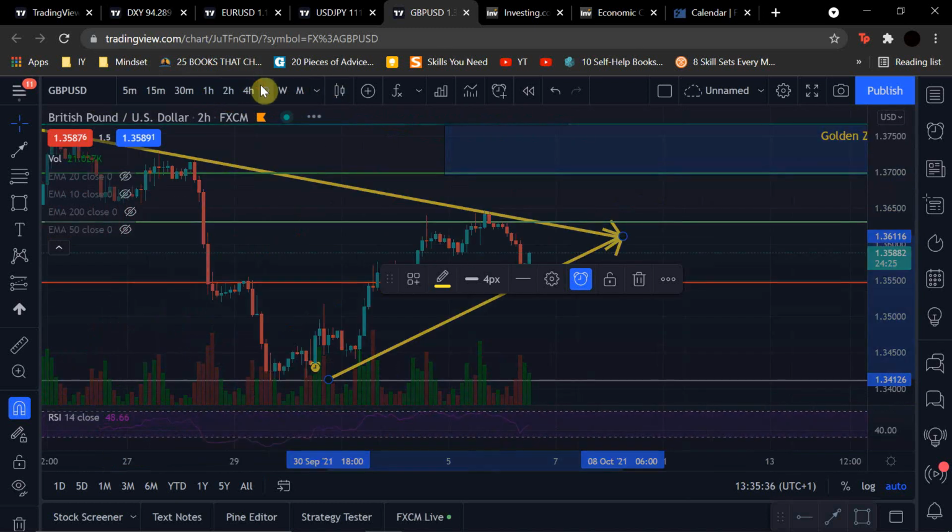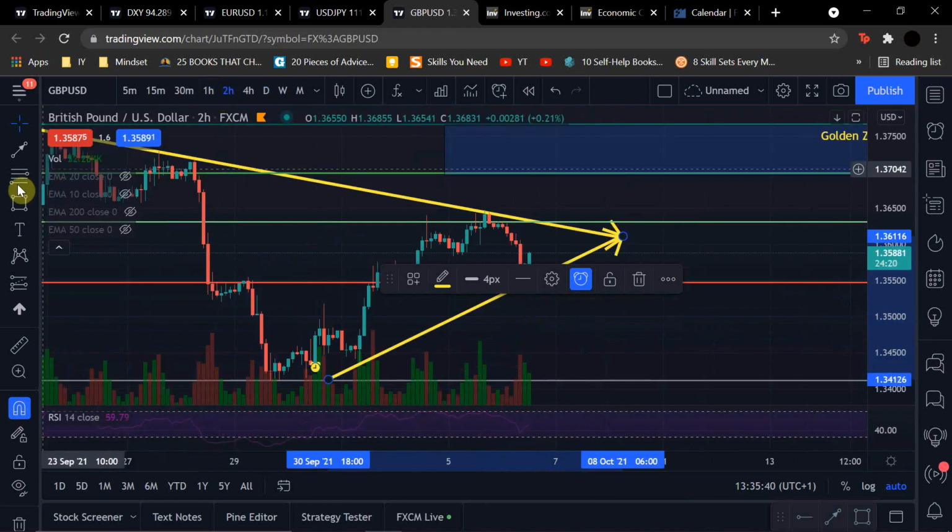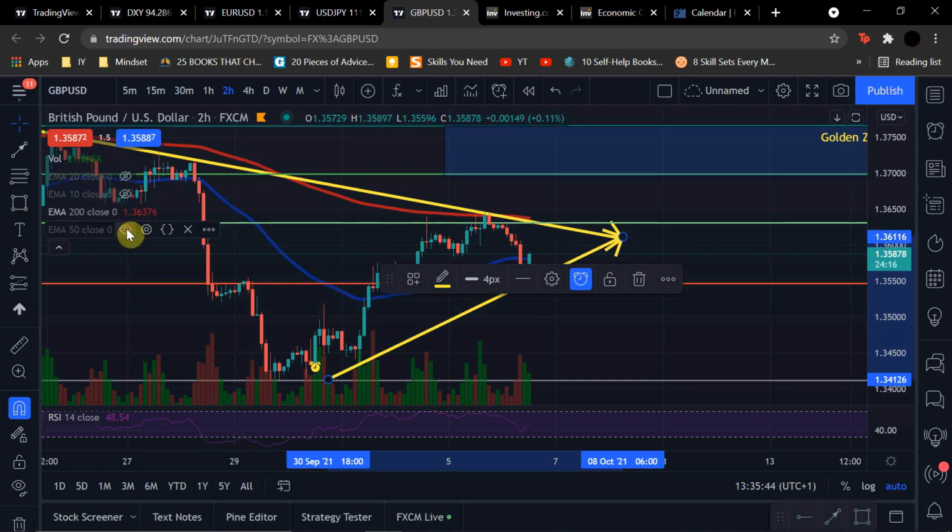I think GBP is in a downtrend. It's in a downtrend at the moment. Yeah, it's in a downtrend.